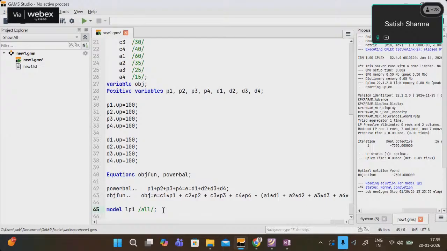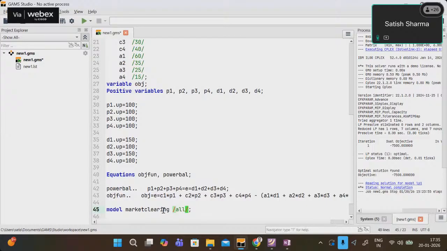If I write model G, it will go away because there is no syntax model G. I have to put model as a syntax. Then I give it a name, let's say market clearing, and I am modeling all the equations.